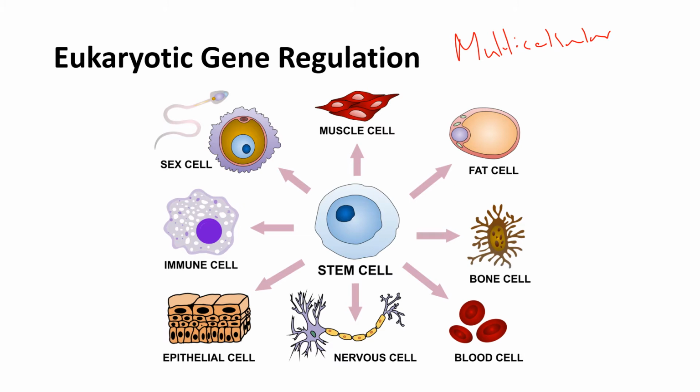the different differentiated cells. If you remember when we talked about mitosis, we referred to stem cells, and stem cells are cells that can differentiate into any kind of tissue. The thing about the stem cells is that they have all the genes to produce all the proteins for all the different types of tissues.